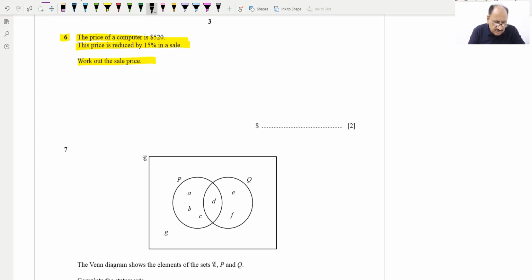Percentage reduction question. For reduction we do 100 minus the percentage by which it is reducing, which in this case is 15, divided by 100, and we multiply by the current price, which is 520, to get the reduced price.